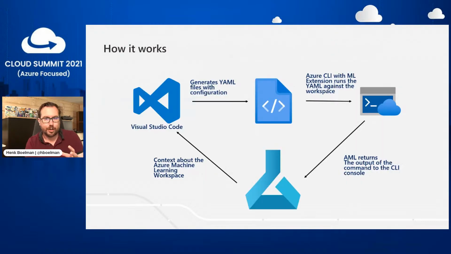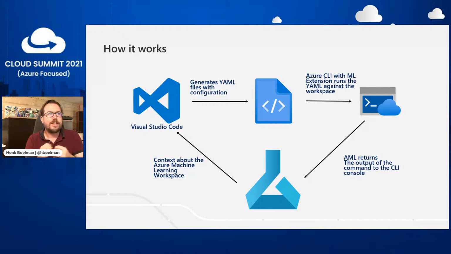So how does it work? Here we have this slide. You have your Azure Machine Learning workspace in the cloud. That is the big icon in the bottom. Visual Studio Code understands and knows your workspace, so you see all the things.